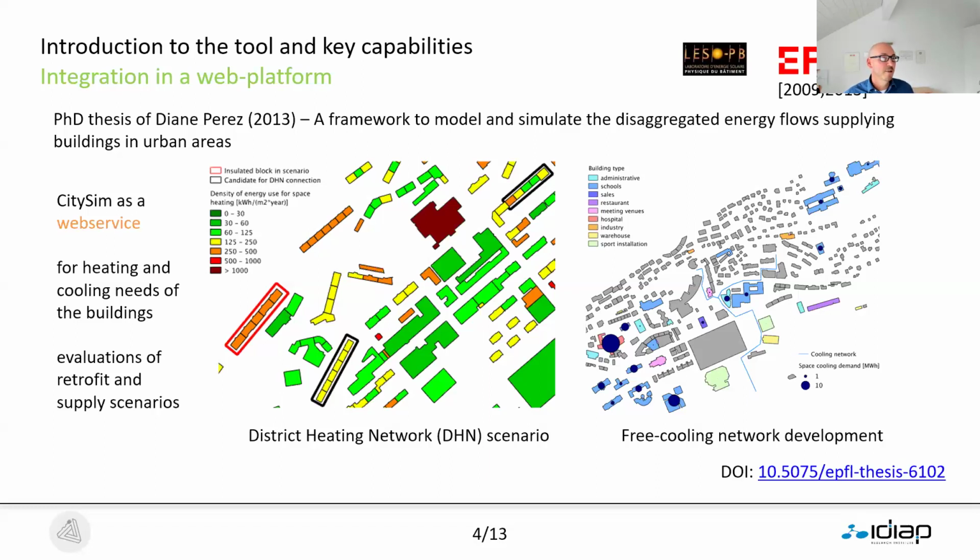But this is using the lake water. So we pump the lake water at about 5 degrees, and we want to distribute it to the different buildings around. And we were wondering which buildings would need this free cooling and which ones could be easily connected to the network. So we did all these simulations, but you see this was almost 10 years ago.